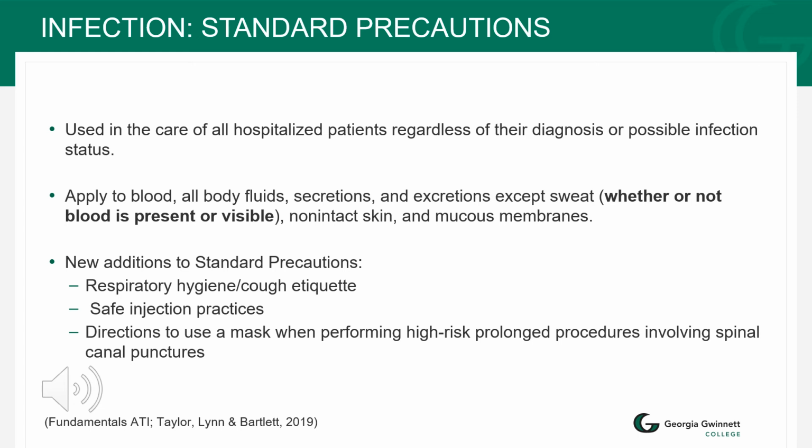They've added respiratory hygiene, cough etiquette, safe injection practices, and using a mask when performing high-risk prolonged procedures, such as spinal taps. But basically, standard precautions is you wear gloves when you are in contact with body fluid, and you treat all body fluids as if they were infectious.